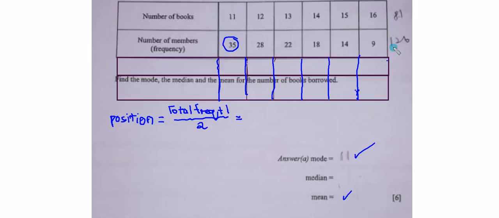So if your 126 here is correct, okay, let's add together, see whether you got it correct. 35, 28, that will give you 63, plus 22 will give you 85, plus 18 will give 103, plus 14 plus 9 is 23, so it's 126.